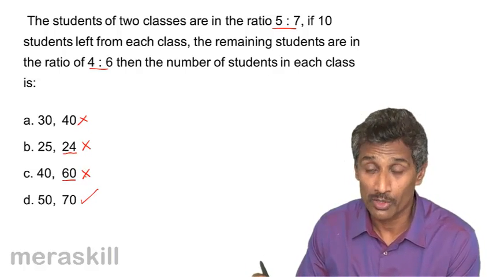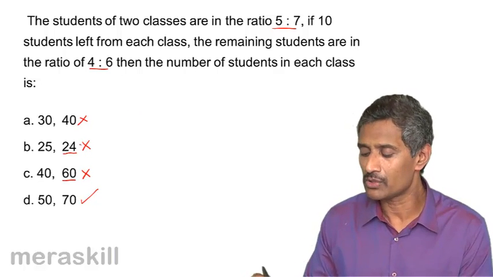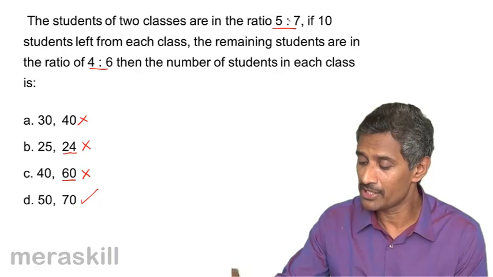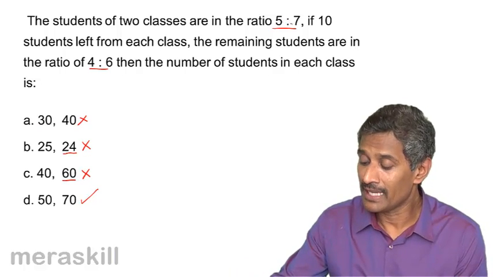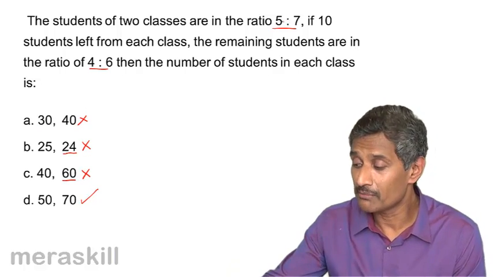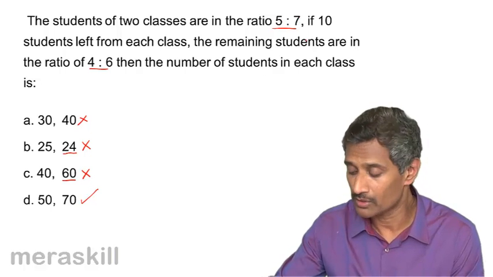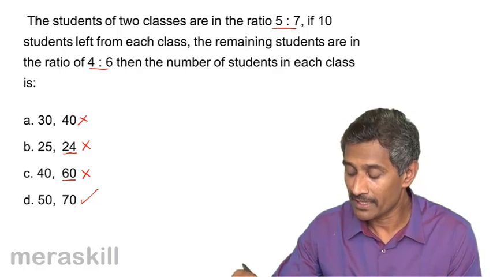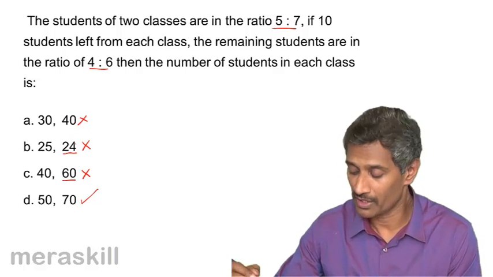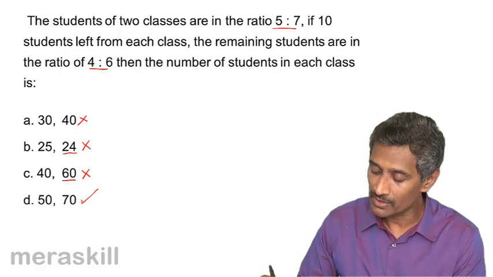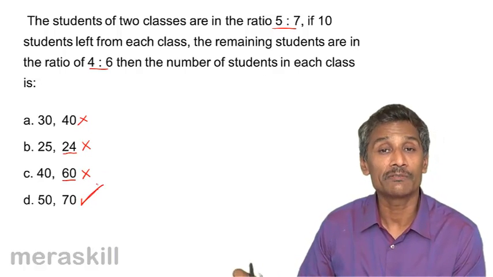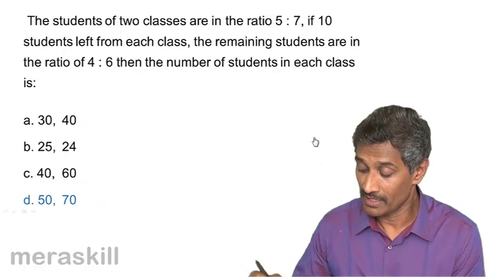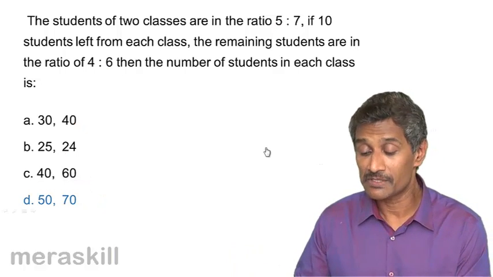But in this case, without calculating, as I told you, if you have a particular ratio, then the quantity should actually be multiples of the antecedent and consequent. Here the consequent 7 is not a factor of these terms. So the correct answer is going to be 50 and 70. Let's see. Yes, we do have the option 50 and 70.